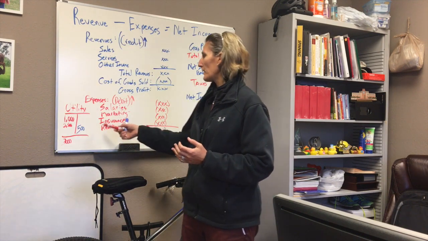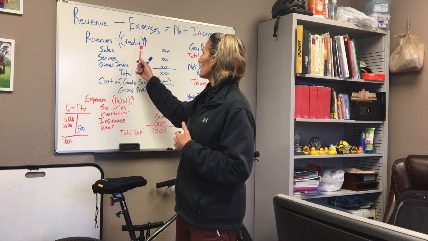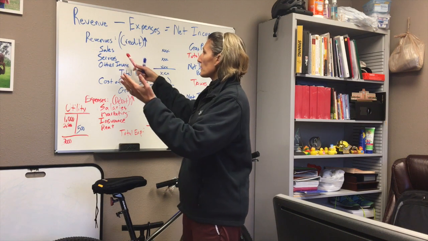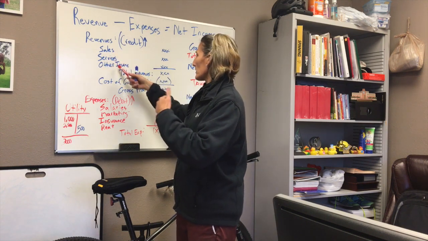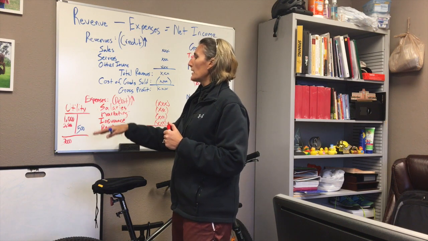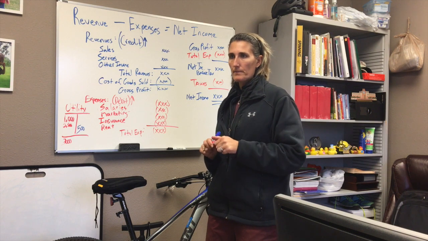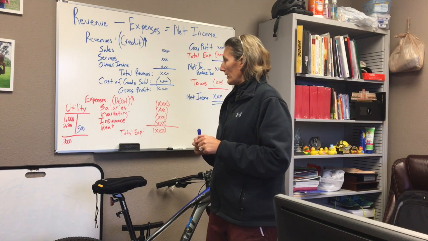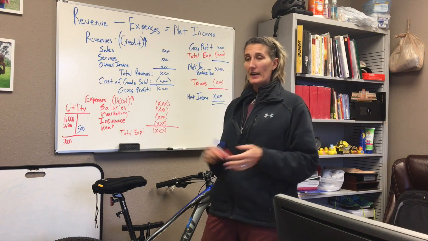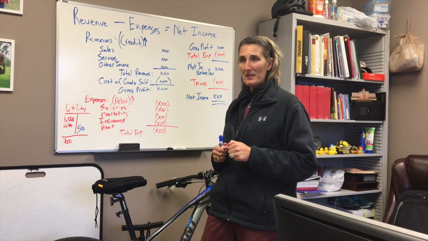That's kind of how the debits and credits work. Credits increase sales, services, revenues, and other income, and on the expenses side, it's the debits that keep a running total of the amounts for those expenses. Okay, that's the income statement. That's revenue, expenses, and net income.